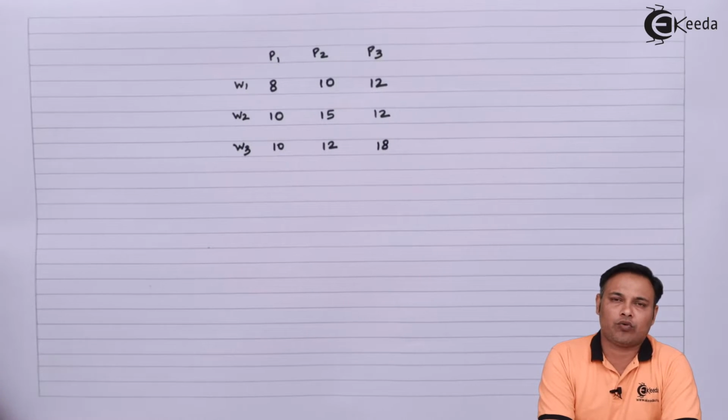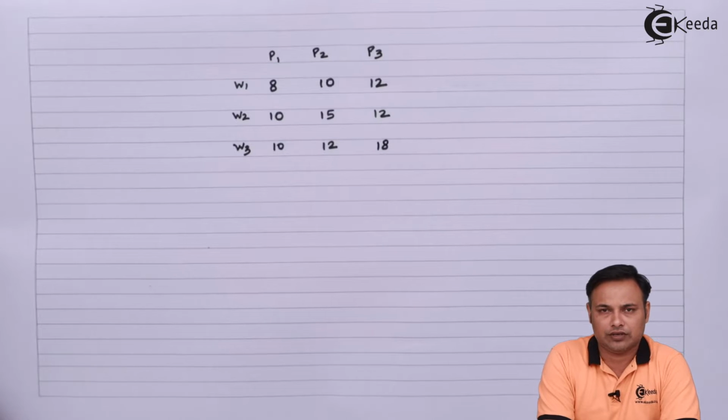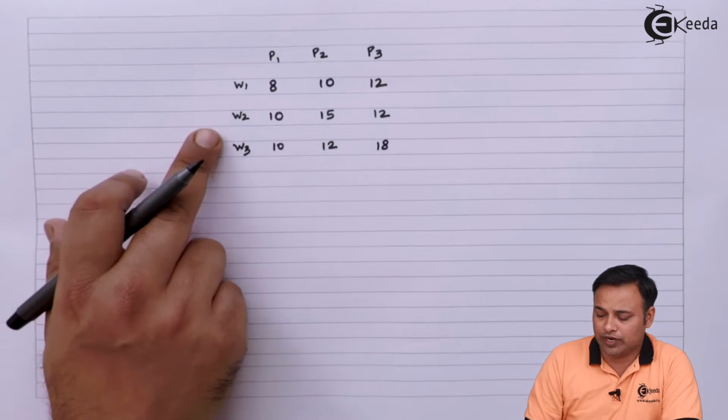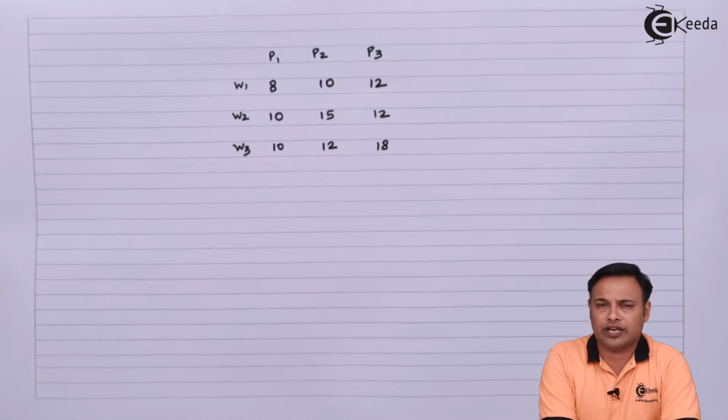Some may do the work quite easily, quite quickly, some may take more time, and because of these differential abilities, every combination will have different cost associated with it. Therefore, this gives rise to a problem called the assignment problem, where I need to decide how to allocate the given resources, that is these 3 workers W1, W2 and W3, to the 3 different projects P1, P2 and P3.